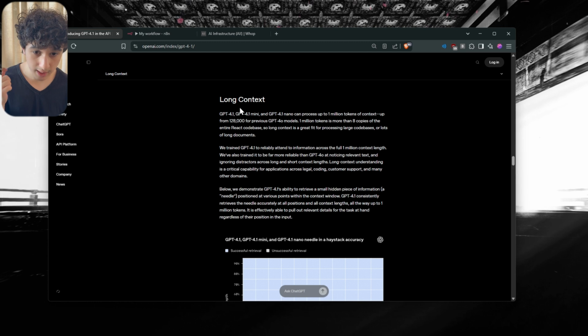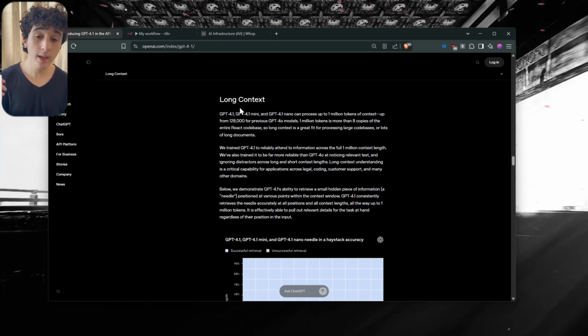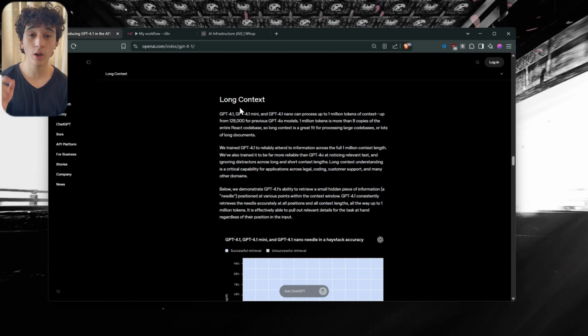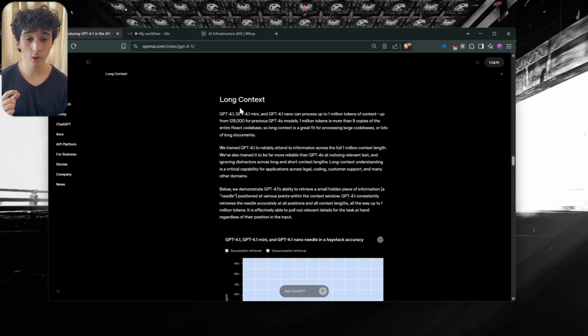This is very important and I did not mention it earlier, but in all the previous models, they have had around 100,000 tokens of context, but now they have 10x that, and now it's a million tokens of context.